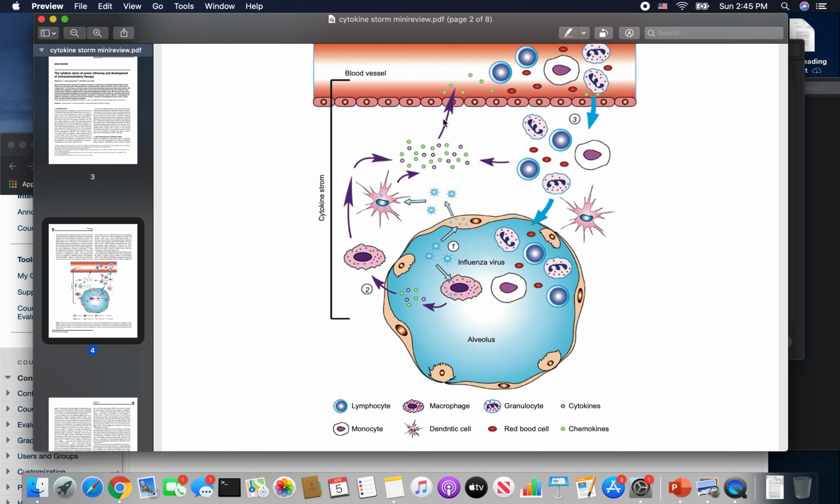And so they're going to go up to the blood vessel, they're going to leak out of the blood vessel, and they're going to call in all kinds of cells. You've got your T and B cells, your standard white blood cells. You've got various granulocytes, which I think are neutrophils here. You're going to call in additional monocytes that are going to turn into macrophages.